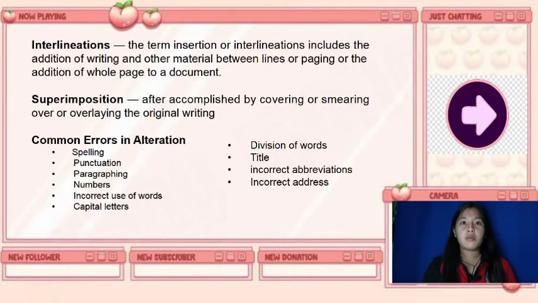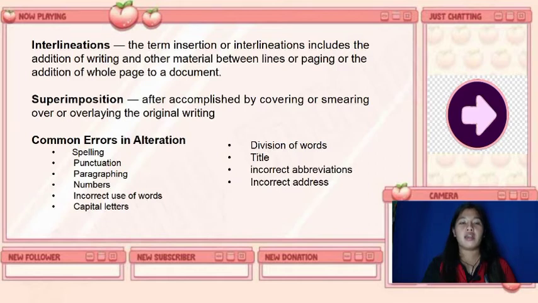Interlineation: the term insertion includes the addition of writing and other material between lines or paragraphs, or the addition of a whole page to a document. Superimposition is accomplished by covering, smearing over, or overlaying the original writing.